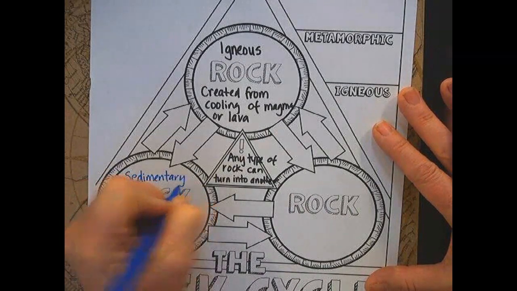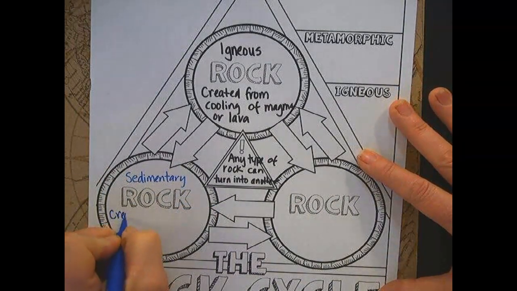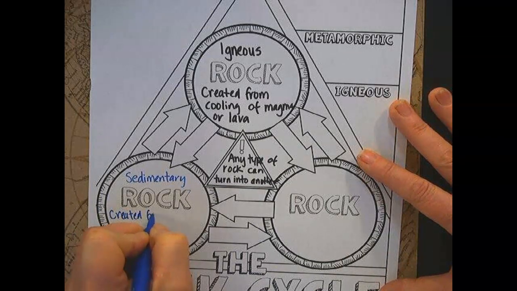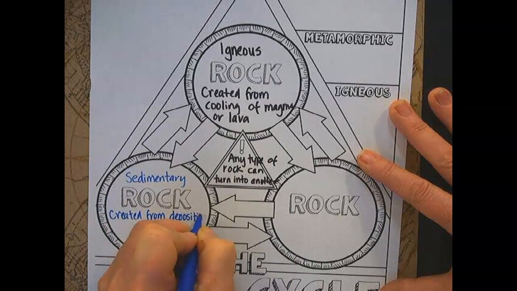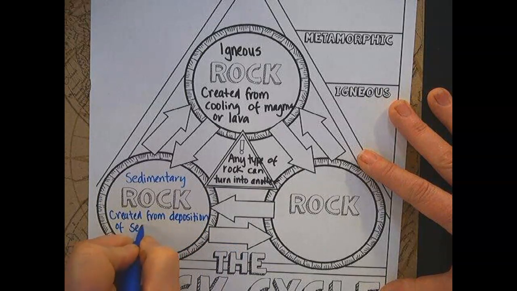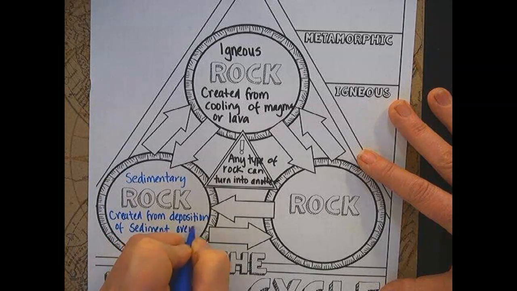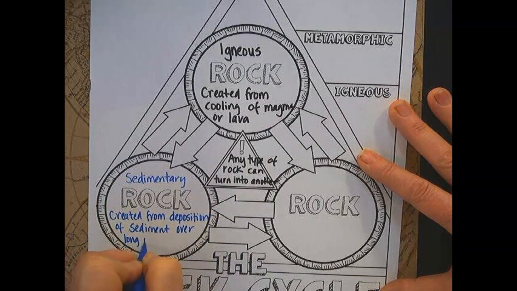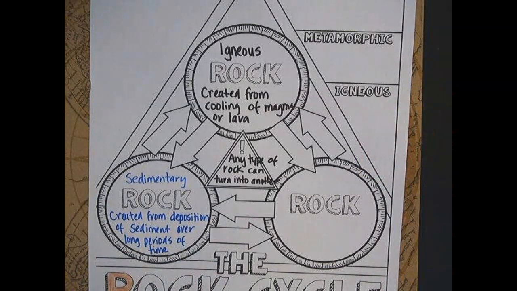And we have learned that sedimentary rock is created from the deposit or deposition of sediment over long periods of time. So we'll talk about ways that this rock might get formed.